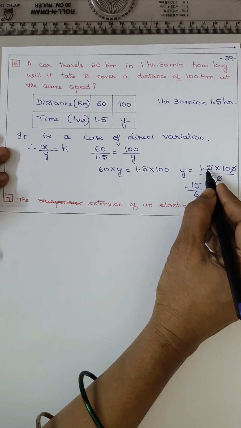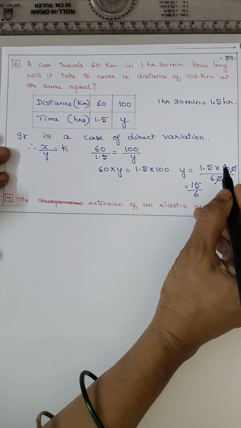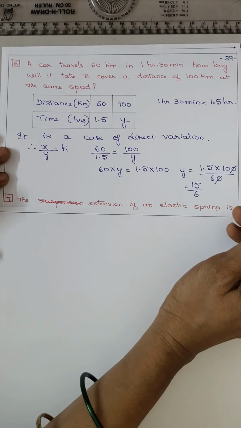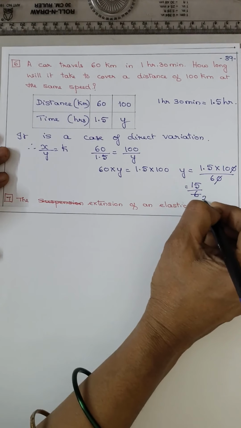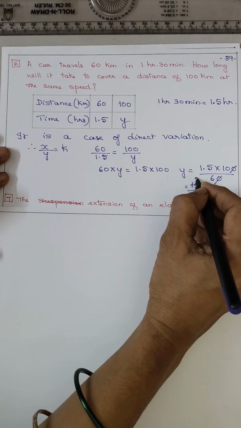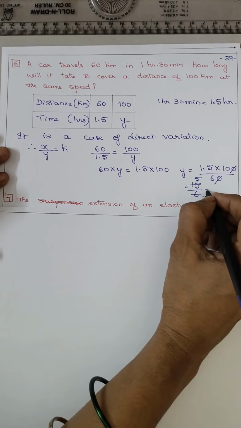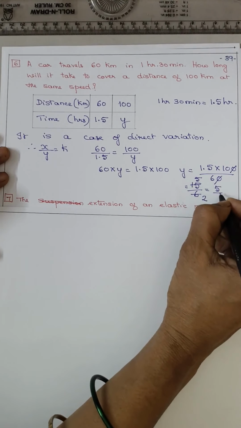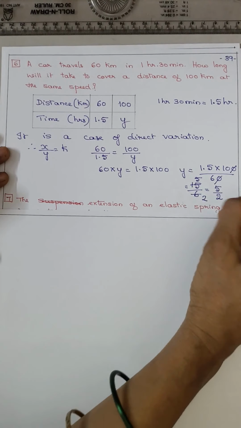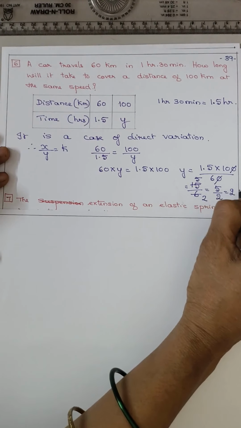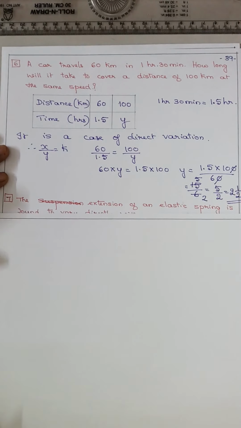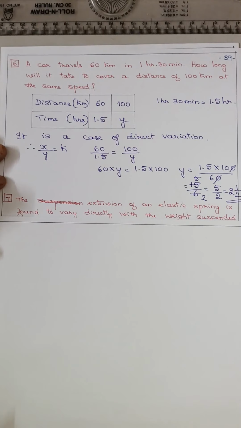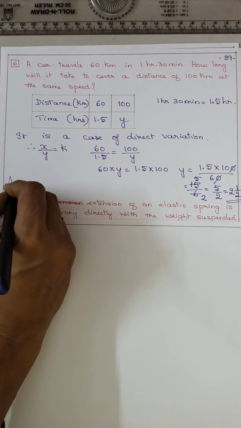So 1 decimal and 10, so the decimal will be removed. 3 2s are 6, 3 5s are 15. Now it is 5/2, means it is 2.5. 5/2 is 2.5.